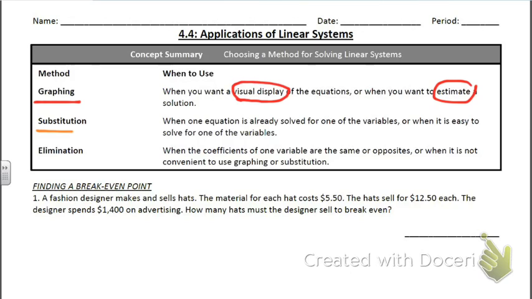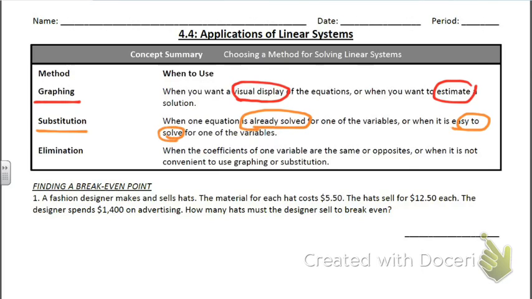The other method that we talked about was substitution. That's when we would take one value and substitute it in for the other. Substitution is a great method if we have already solved for one of the variables. That means we have x equals something or y equals something, or if it's really easy to solve for one of the variables.